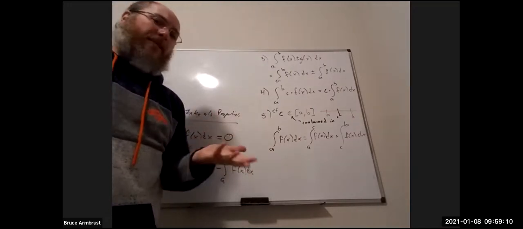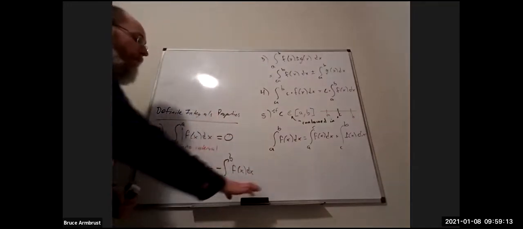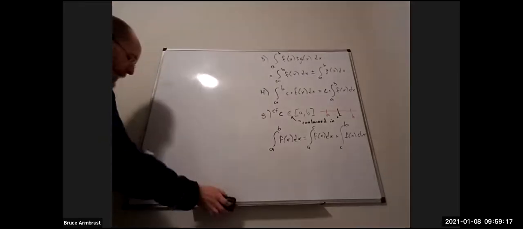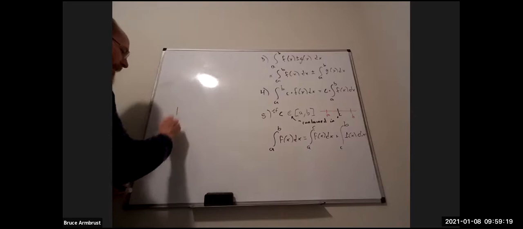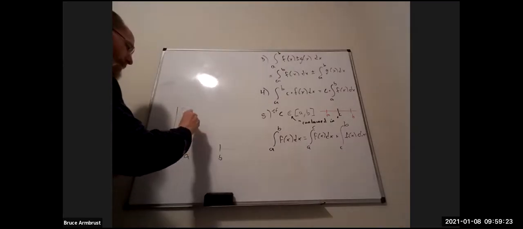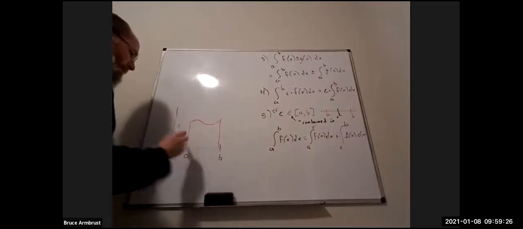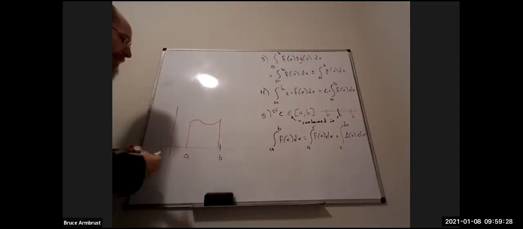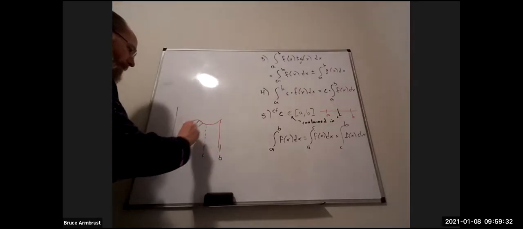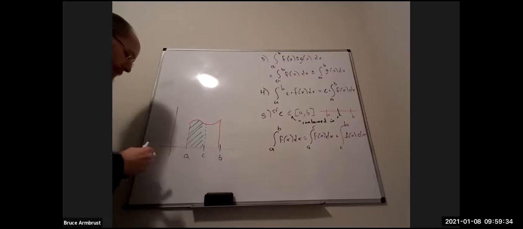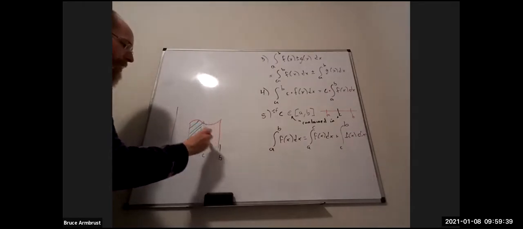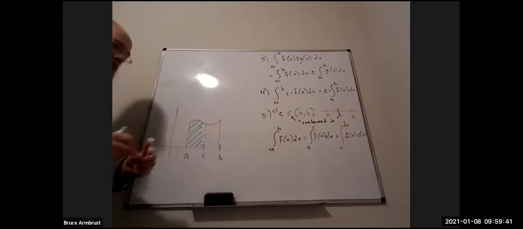And this should make sense, especially from an area kind of argument. Here's what this means in terms of area. So here's our shape. Here's A, here's B. What this is saying is you choose somewhere in the middle, C. We can actually think of that total area as the sum of these two areas.